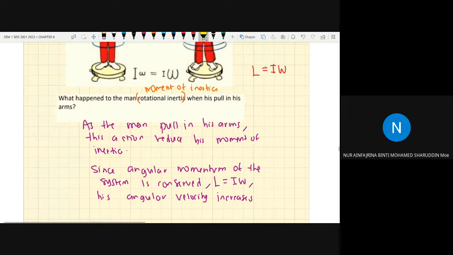Ini adalah constant. So bila ini constant, you tahu kalau you punya moment of inertia reduce, you punya angular velocity akan increase. Same goes to this one. So L equals to I omega. Ini constant. Kalau you punya moment of inertia increase, your angular velocity akan decrease. Okay, boleh faham ke?